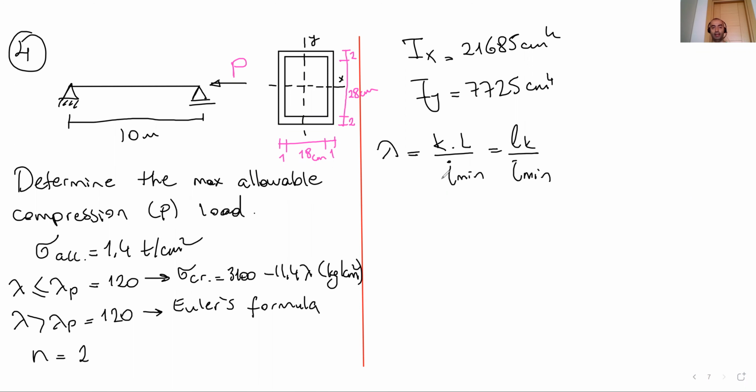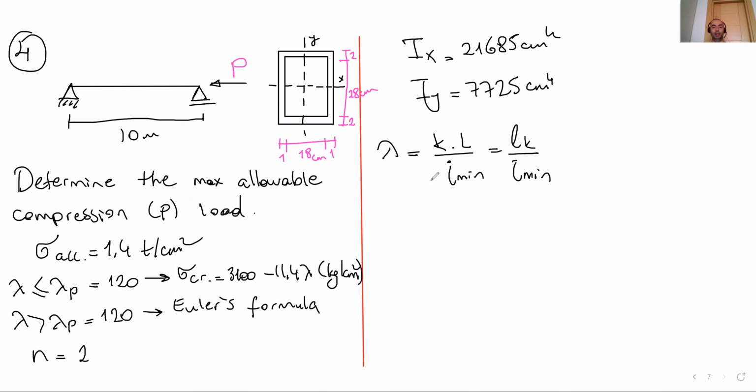What is K? If we take a look at the structural system and the support conditions of this beam, at each end we have pin support. So it's basically a pin supported member, similar to the Euler's member, which has two hinges at both ends.